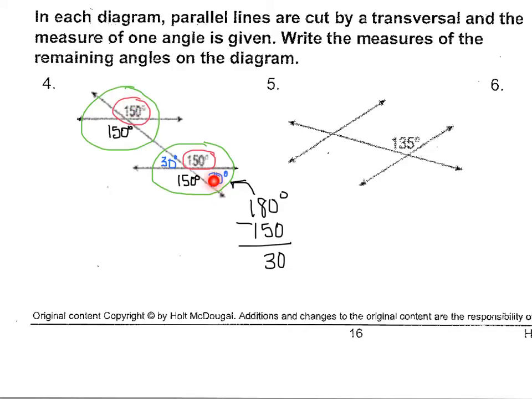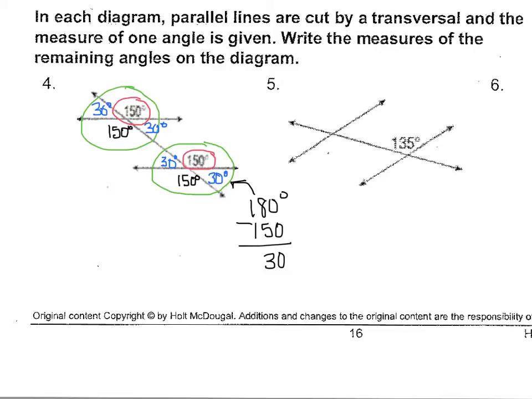I have 30 degrees here, so the same spot in the circle group above, this is 30 degrees and that's 30 degrees. And again, for the last measure, if this is 30 degrees, then that piece up there in the corresponding spot is 30 degrees. And what we've done is from knowing two angles, we were able to find all of the other 6 angle measurements in that picture. It's pretty cool.